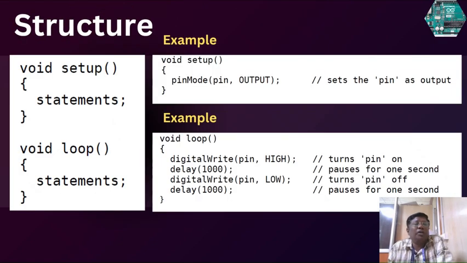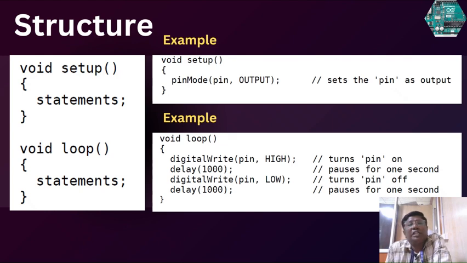Now if you look at the general structure of the Arduino Uno, you have to download the Arduino IDE software, where you type the program. In this void structure you have to give the statements, and what performance you want in the loop has to be given there. For example, in the setup we set the pin mode.